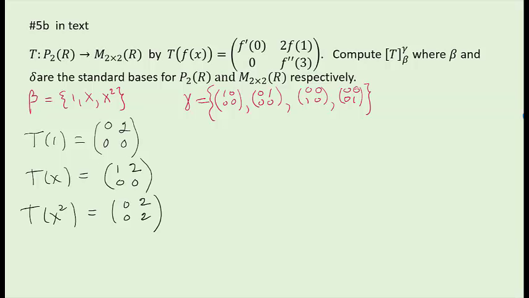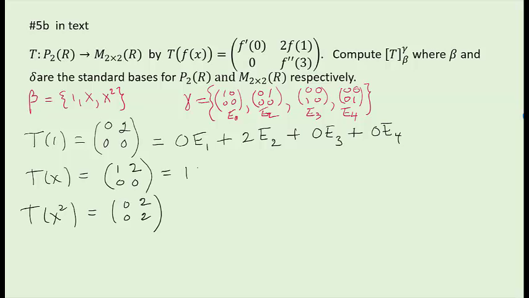Now we need to express those in terms of the ordered basis gamma, in order to know what their coordinate vectors are. I don't want to write these out, so let's call them E1, E2, E3, and E4. Okay, so now going back and writing this, I have then 0E1 plus 2E2 plus 0E3 plus 0E4.